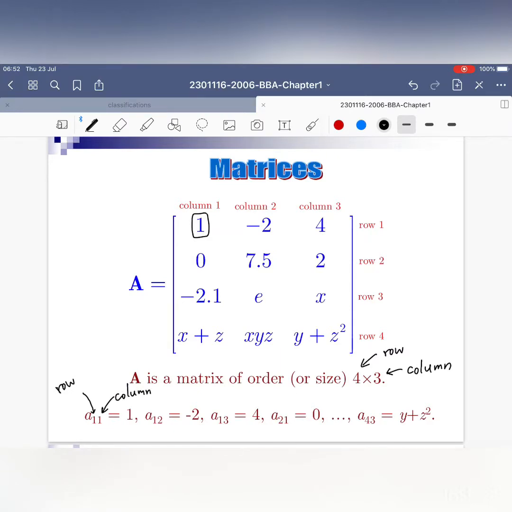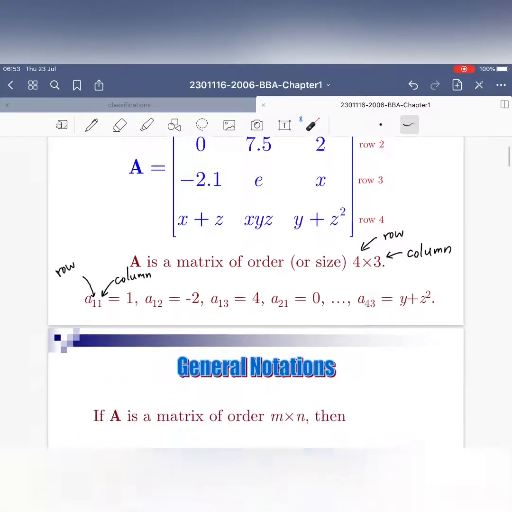So A11 is 1, A12, which is the first row, the second column, is -2, and then A13, the first row, the third column, is 4, and then A21 is 0, and so on, up to A43, which is y plus z squared. So this is the matrix.